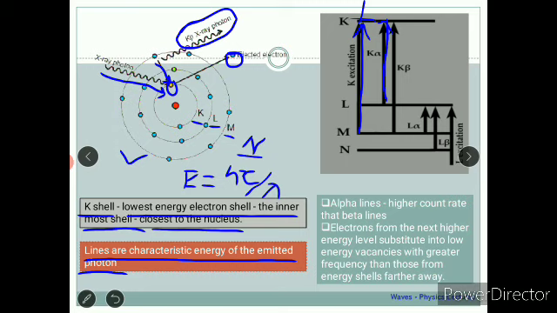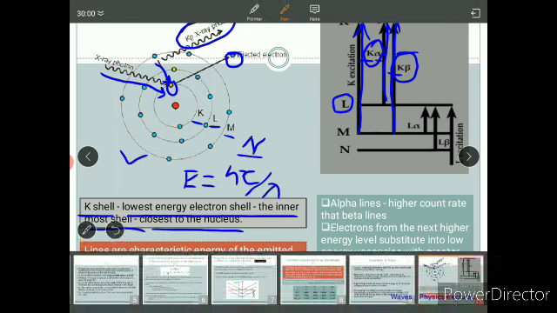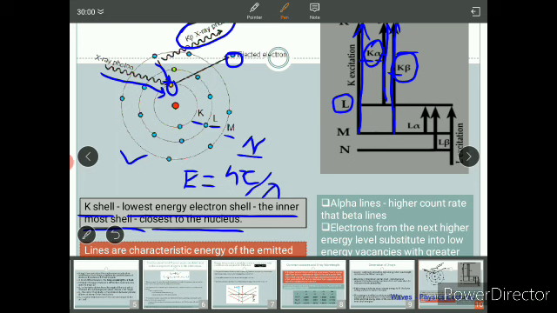If it goes from the L shell to the K shell, that is from the immediate next energy level, we call it the alpha line, or the K alpha line. And if it goes from the M shell to the K shell, we call it the K beta line. Why K? Because the final level at which the electron goes and sits is the K shell, alpha because it comes from the L level, and beta because it comes from the M level.